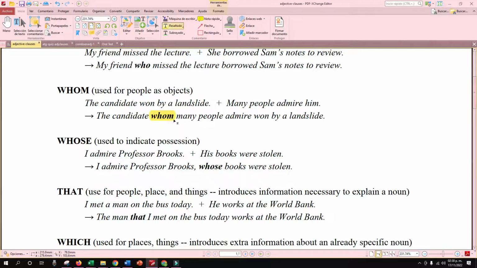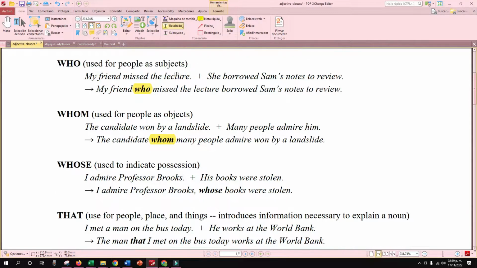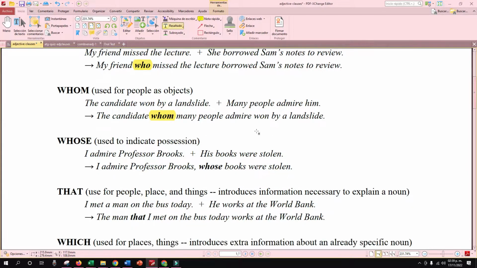So you have whom, right? You're talking about people but as an object. The candidate whom, you're talking about a person, so you're going to use whom or who. It depends on the use: whom as an object and who as a subject, right?